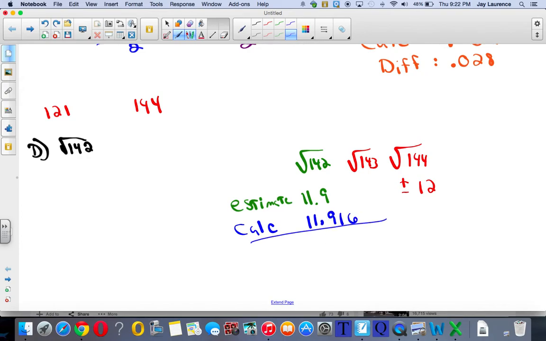If I subtract that, the difference is going to be 0.016. I'm off by less than 2 pennies. And because it was such a big number to take the square root of, 142, I didn't want to list all the perfect squares out, or all the square roots out. It would take too much time. I'm just going to kind of reason it out.